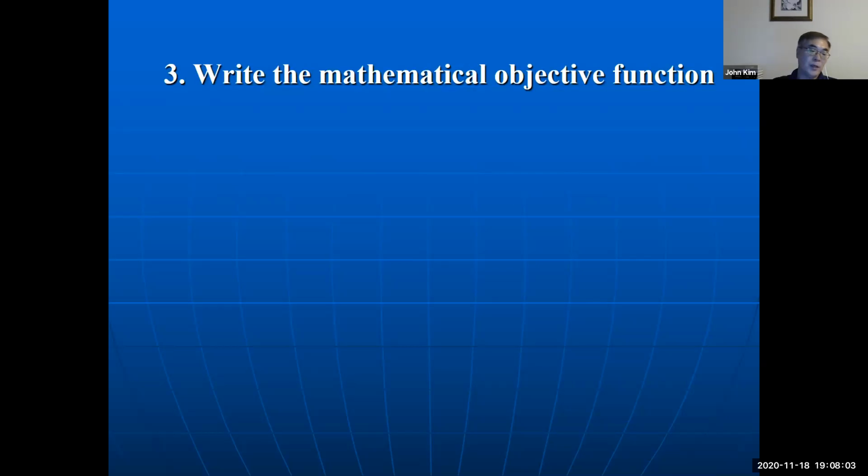By the way, if this class is a management science class or a business analytics, prescriptive analytics course, then we go into this one in more detail. But this is operations management, so I just show you what it is. And then we need the mathematical objective function. So it looks like this.